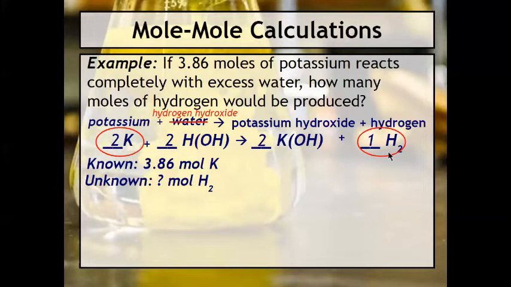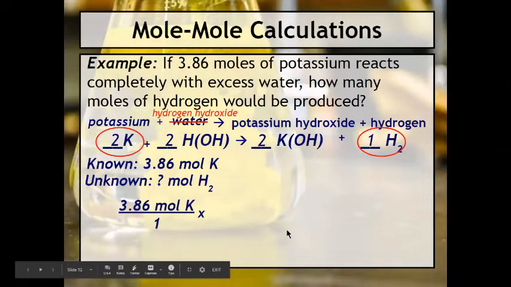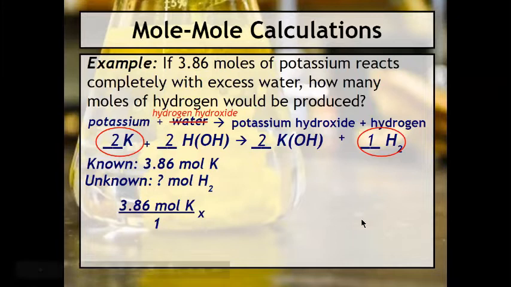Because 2 turns into 1, I now can figure out mathematically what 3.86 will turn into, in other words. So I'm going to start with 3.86 moles of potassium. I'm going to put it over 1 just so it's in a fraction, because why not? And then I'm going to multiply by the mole ratio, the appropriate one to use here. And so the question really is, what do I put on top and what do I put on bottom?